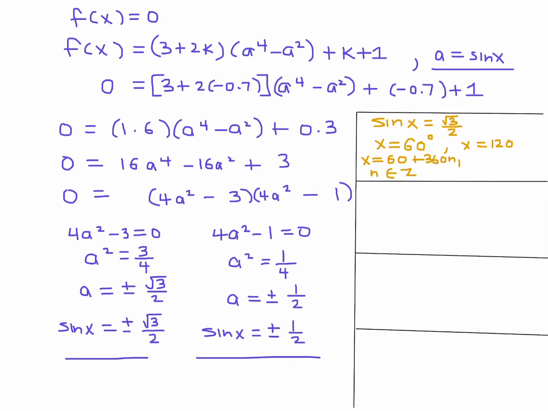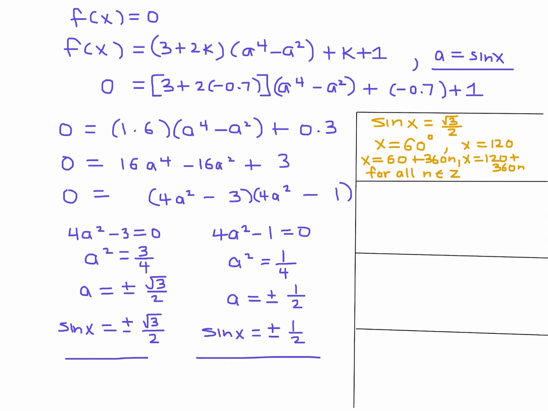And in a very similar way, any value that is 120 plus 360n is also going to give you the same thing. You can verify this in your calculator. All right, so this is true for all n that is an element of the set of integers.